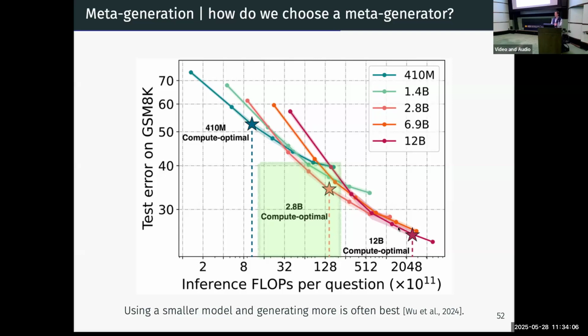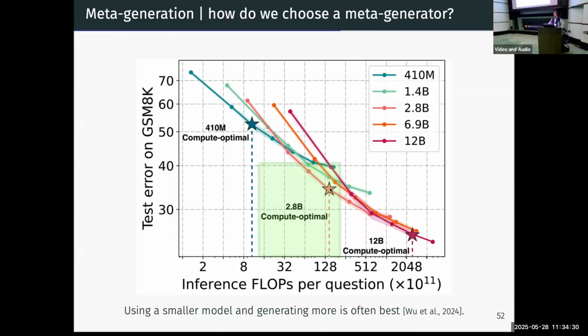This one is the biggest model we tested, 12 billion parameters. Again, what we're doing is using one of these inference strategies like voting and modulating how much we're generating. At a given point, let's say here we have a compute budget of 128 times 10 to the 11th.